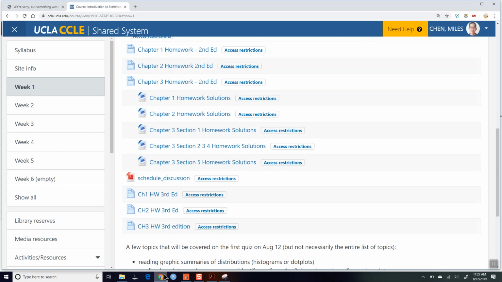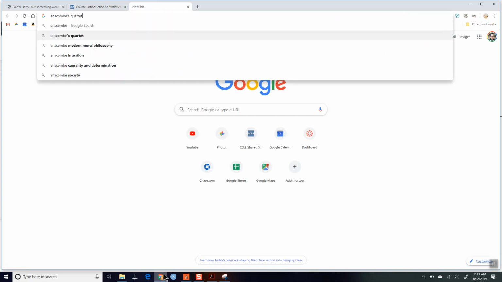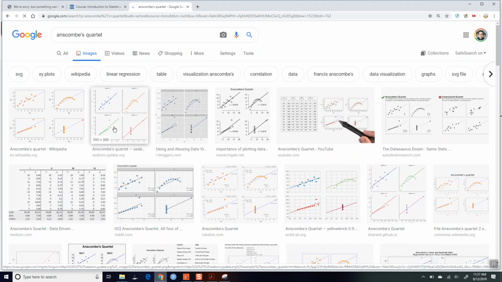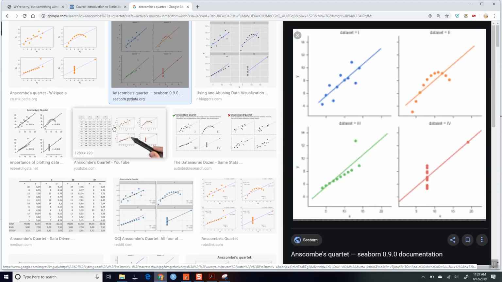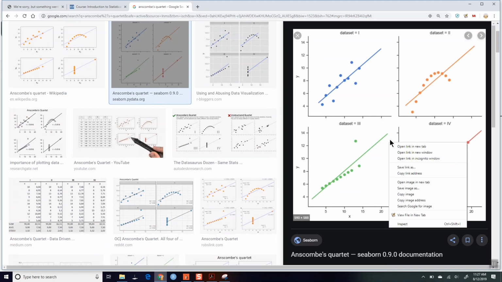Okay, and let me look at this. Okay, so here is, I'm going to copy this plot. Can that work? Copy image.